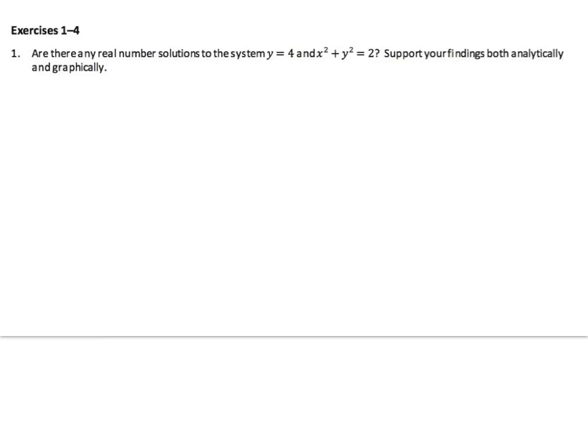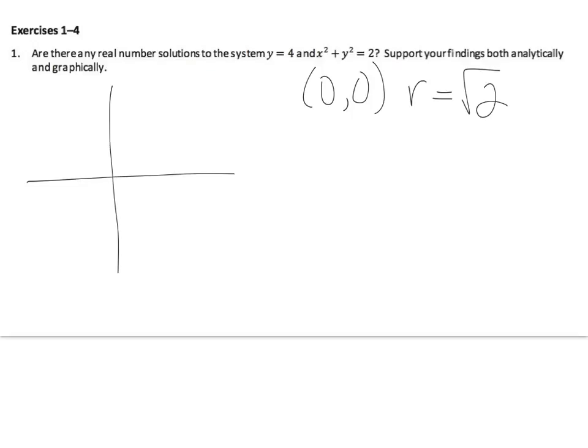Are there any real number solutions to the system y equals 4 and x squared plus y squared equals 2? Well, what do we see here? If I have x squared plus y squared equals 2, that is a circle with a center at the origin and a radius of the square root of 2.